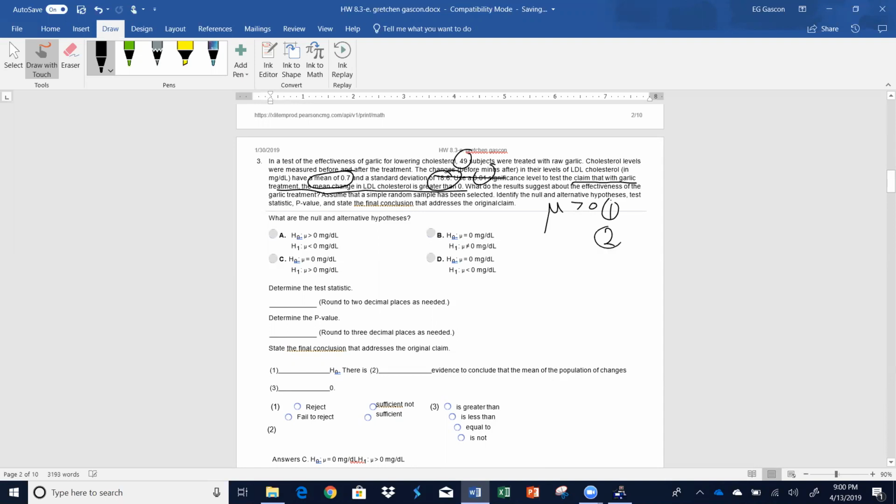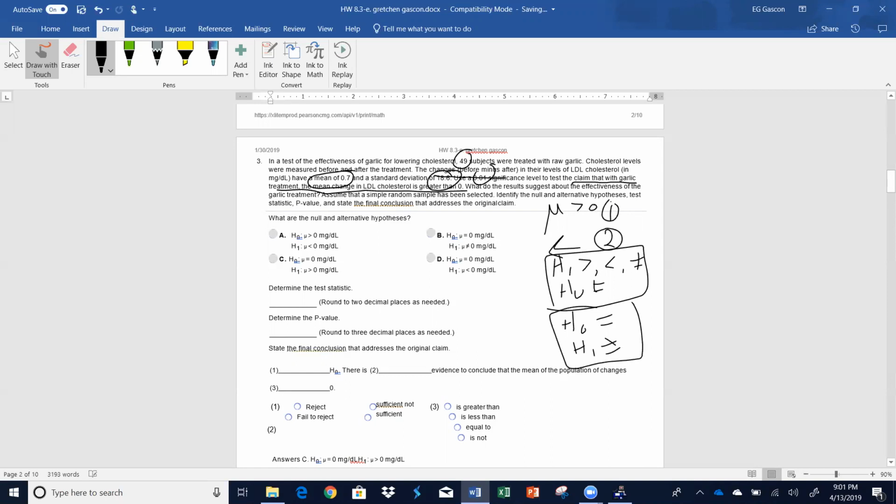The second step is this, and the rules for this are this. The only thing you put in H1 is either a greater than, a less than, or a not equal. And the H0 in that case is always equal. If the claim is equal, then you put it in H0, and the H1 is not equal.